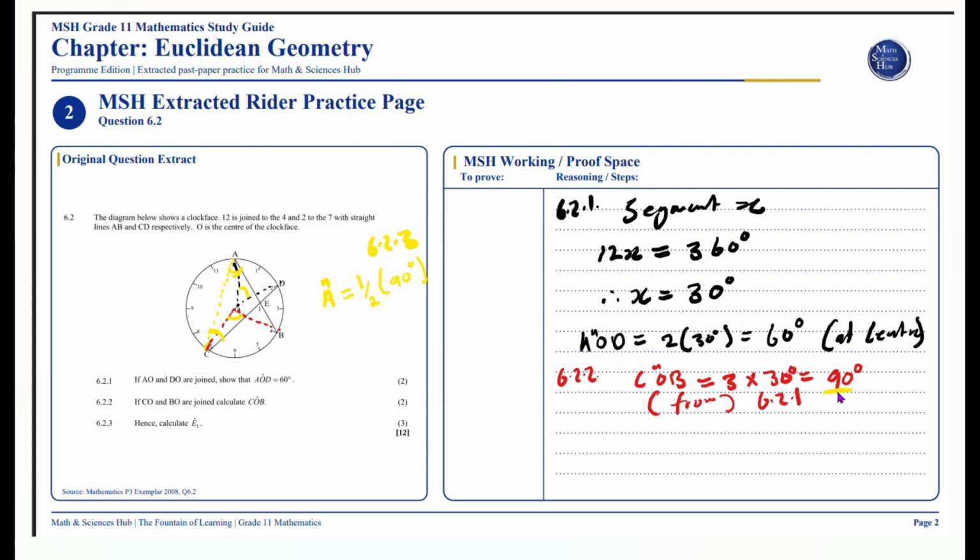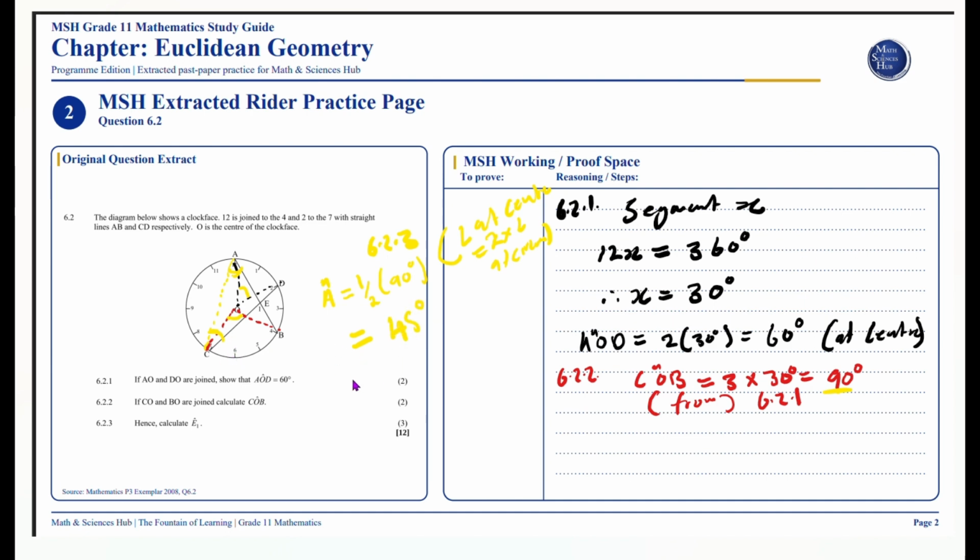So that angle right there, angle A, that's going to be angle CAE, equals half of 90. That is the angle at center. Angle at center equals 2 times angle at circumference. Therefore, that angle is half of 90, that is 45 degrees.